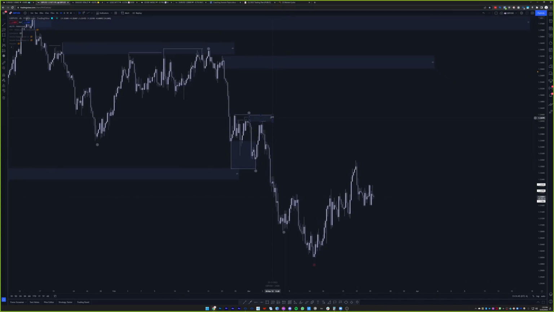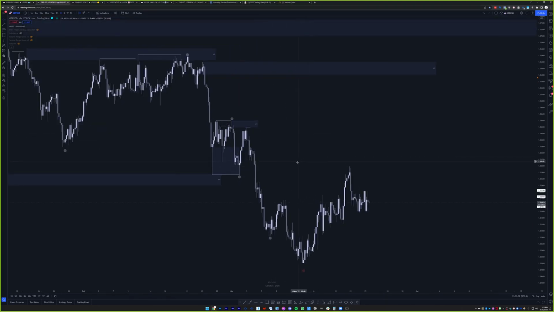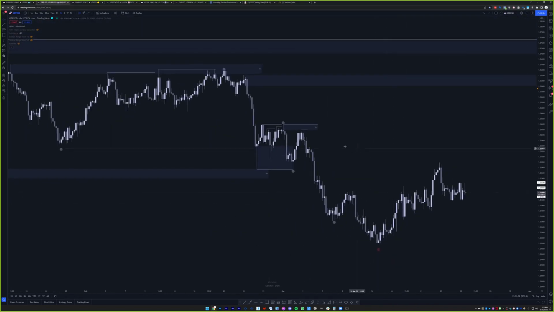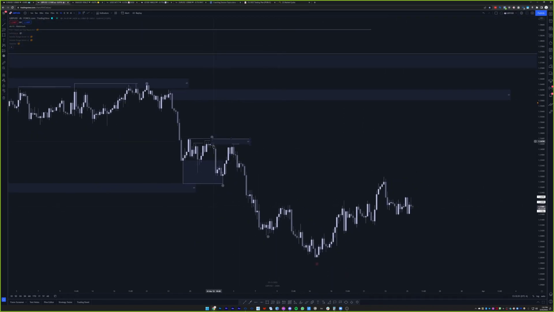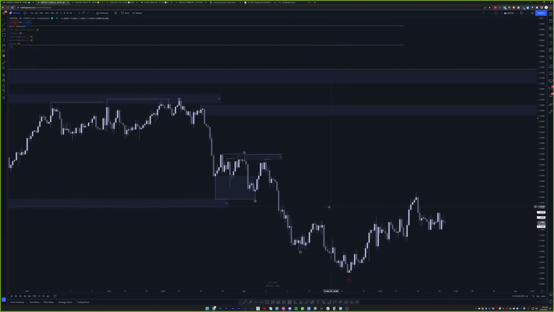So you can see I'm even marking up this. I like to mark out my POIs and also put a liquidity line above it because I know it could get swept, right? It's GU. I mean, even EU does this. There's no limit to how many times something can sweep. I mean, there is to a degree. At some point, it becomes bullish price action from bearish, right?